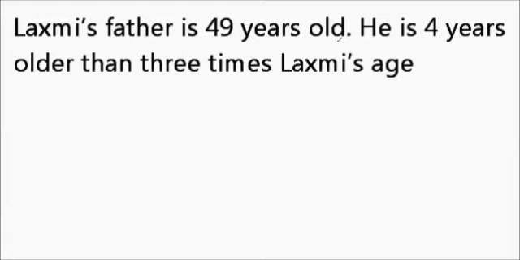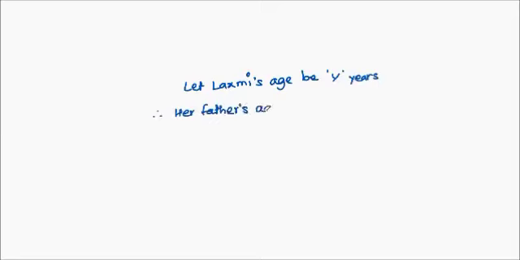Lakshmi's father is 49 years old. He is 4 years older than 3 times Lakshmi's age. Okay, so let Lakshmi's age be y years. Therefore, her father's age is equal to 4 years older.